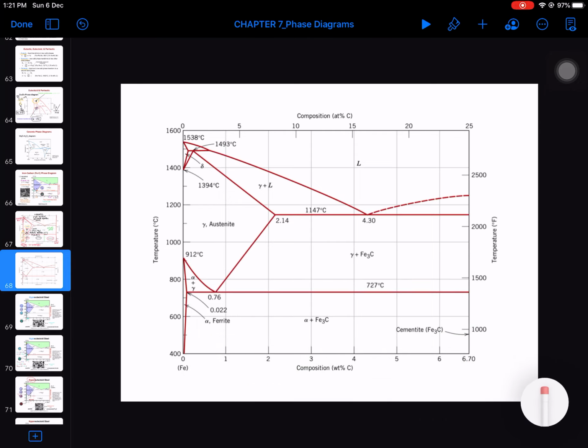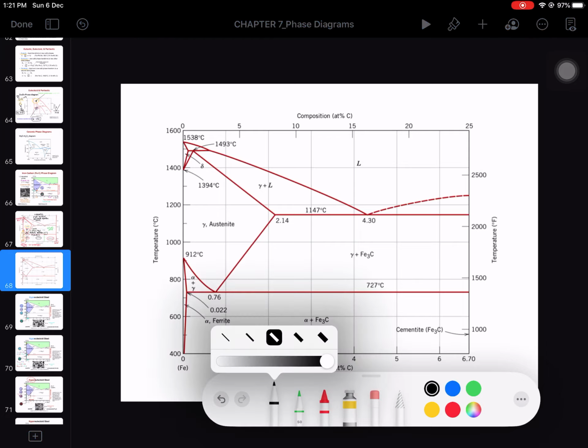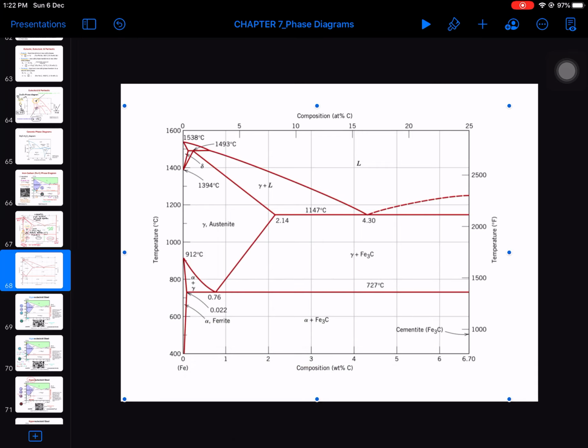Let's just choose one composition within the hypoeutectoid range. So let's say we take this line here. This is the line of our alloy composition C0. Let's say it contains around 0.25 weight percent of carbon. So basically it's a mild steel, a low carbon steel.